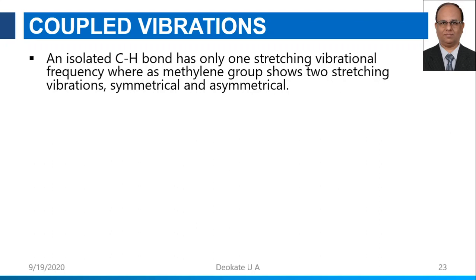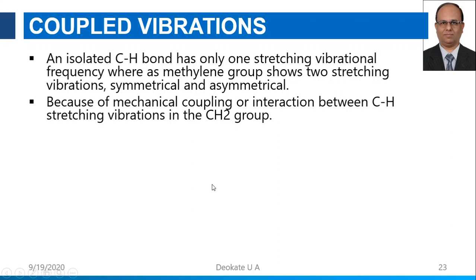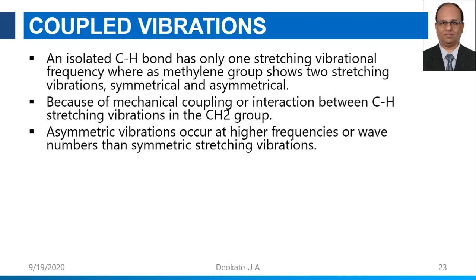You can take the example of CH bending. An isolated CH bond has only one stretching vibrational frequency, whereas a methylene group shows two stretching vibrations, symmetrical and asymmetrical, because of the mechanical coupling or interaction between CH stretching vibrations in CH2 groups. Asymmetric vibrations occur at higher frequencies or wave numbers than symmetric stretching vibrations.